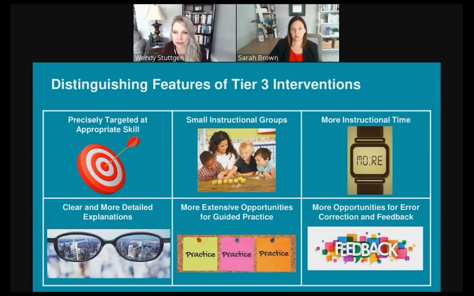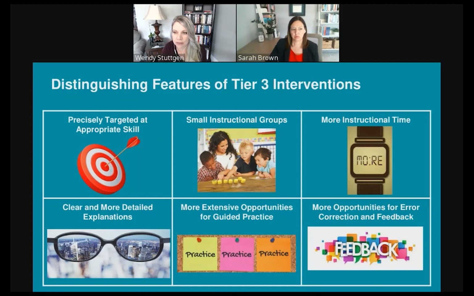Distinguishing characteristics for Tier 3 instruction include instruction that is more precisely targeted at the appropriate skill, smaller instructional groups, more instructional time, clearer and more detailed explanations, more extensive opportunities for guided practice, and more opportunities for error correction and feedback. It's estimated that 5% of students in any building will need this level of instructional intensity.